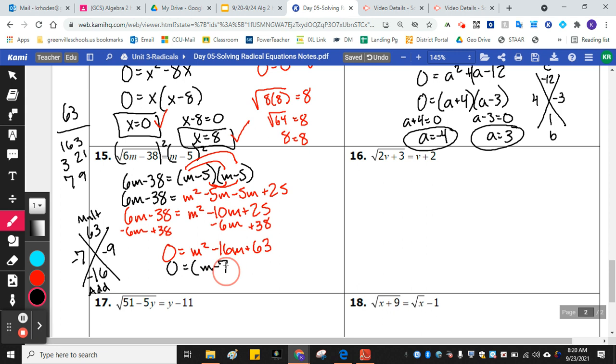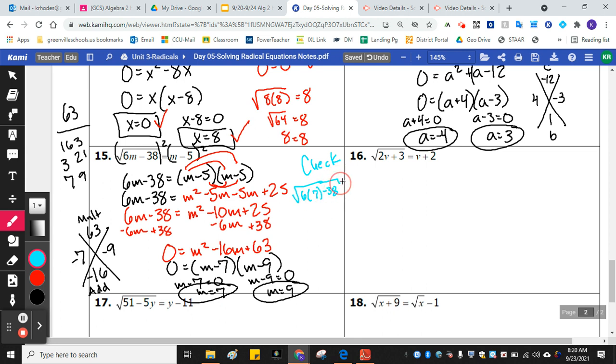So m minus 7, m minus 9. Set both equal to 0 and solve. So m equals 9, m equals 7. Check your answers. I have to go back and check these answers because I forgot. So square root of 6 times 7 minus 38 equals 7 minus 5.